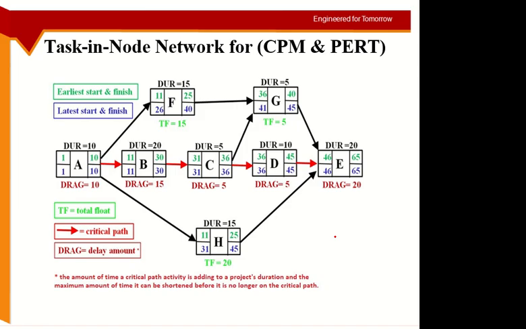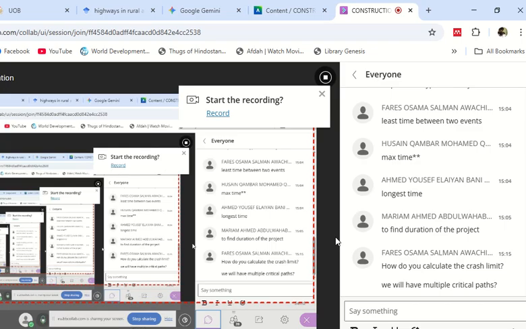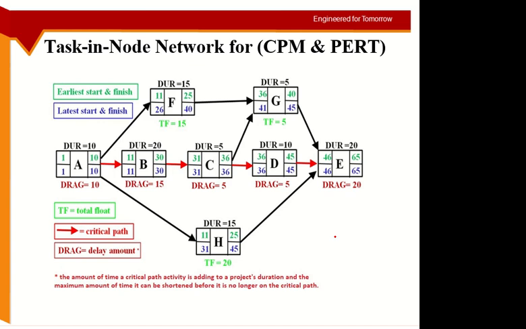I'm not saying that it will happen, but what can happen? What is the negative point? What problem may we face later on? Yes, we will have multiple critical paths.